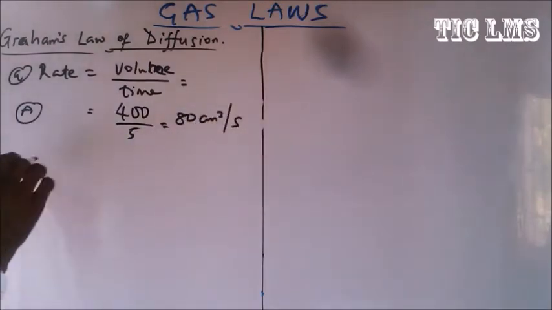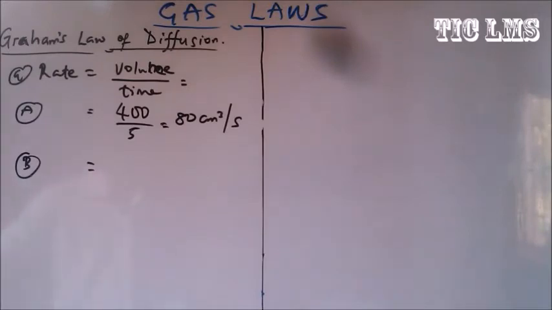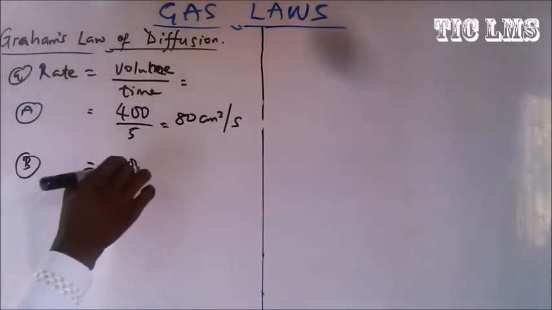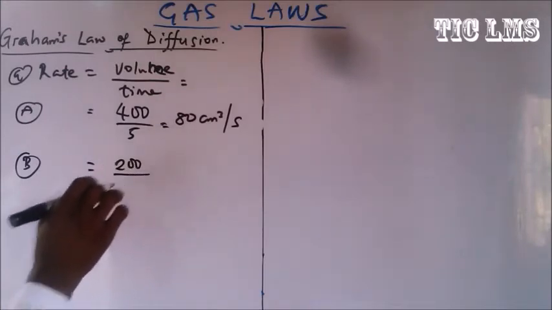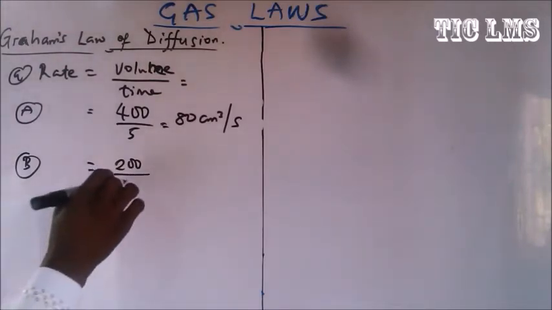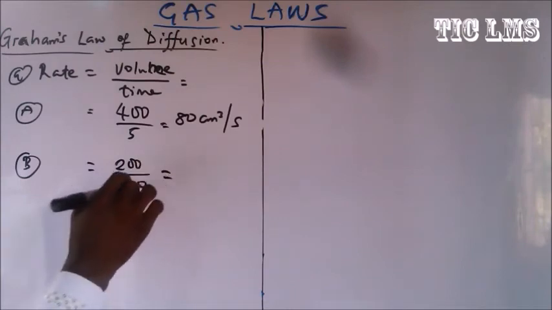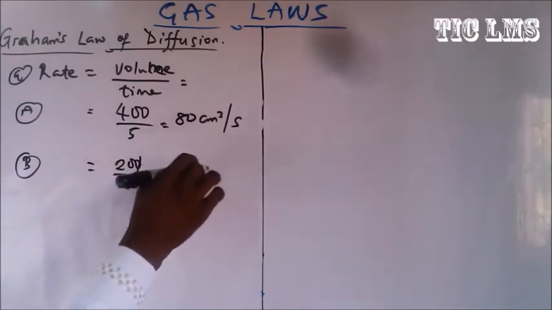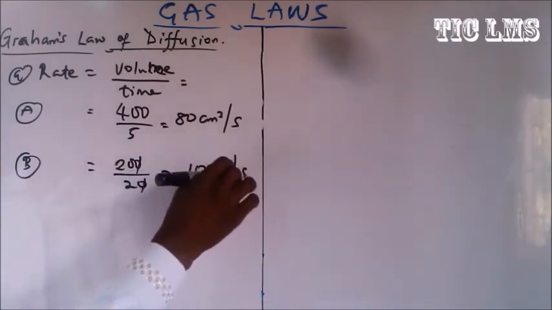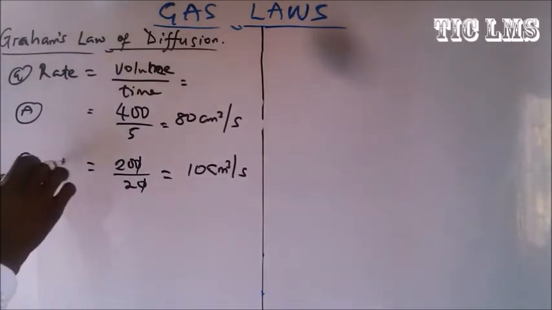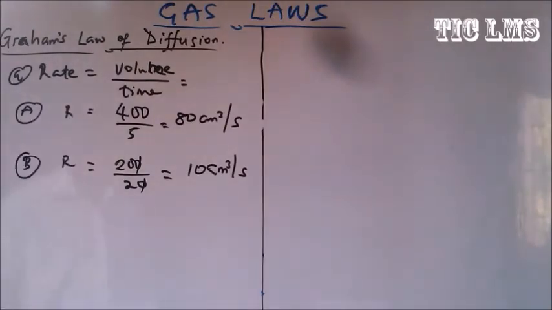And then we have gas B, which is of volume 200 centimeter cubed, and then it diffused through the partition in 20 seconds. And so we have 10 centimeter cubed per second as its rate of diffusion. Now with this, we've done the first part of the question.